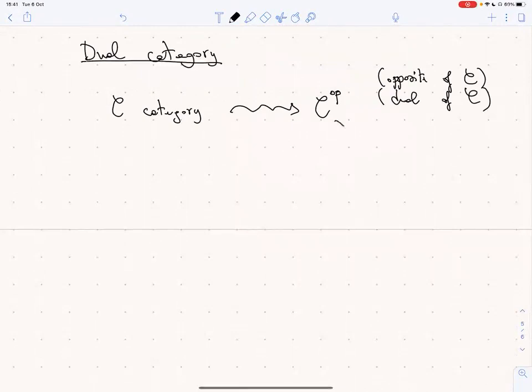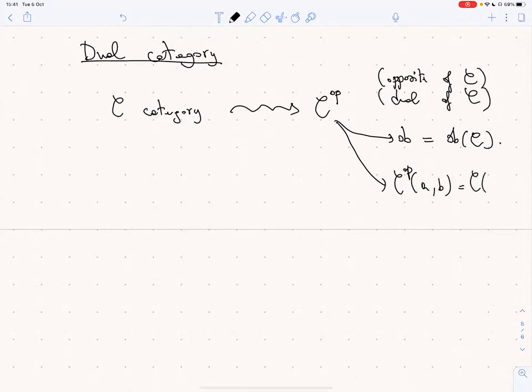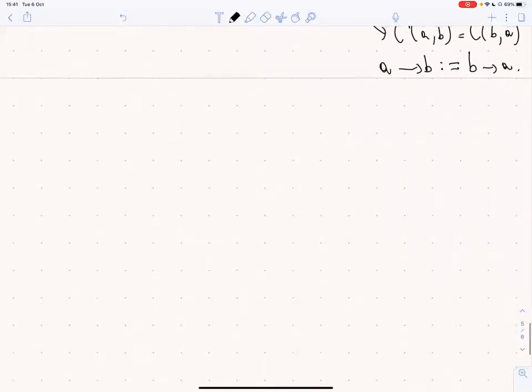So the objects of C-op are precisely the objects of C, while the morphisms, so C-op from A to B, is precisely C from B to A. So you see, I'm saying that a function from A to B is, by definition, a map from B to A. So dual categories are something very hard to understand, but I'm sure that some of you have an example in mind.